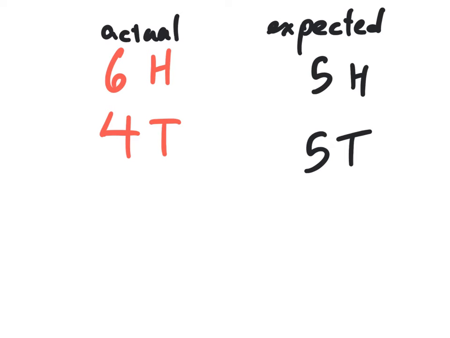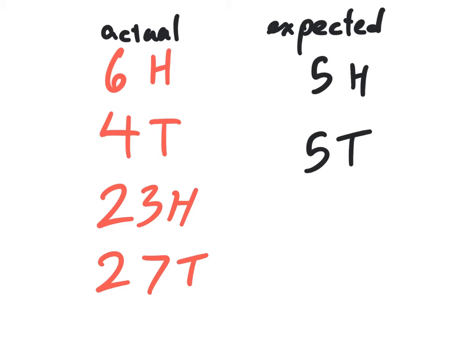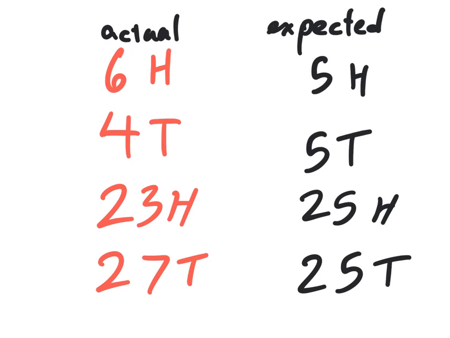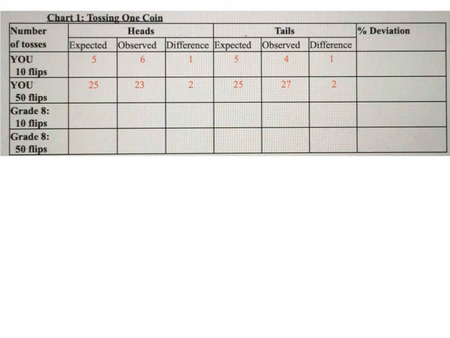Likewise, if I flip the coin 50 times and I got 23 heads and 27 tails, I would have expected 25 heads and 25 tails, being 50% and 50%. So looking at our data, if I had 6 heads and 4 tails, we're going to look at how to calculate the percent deviation.